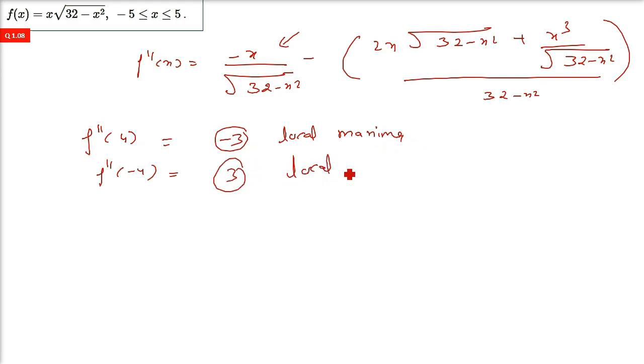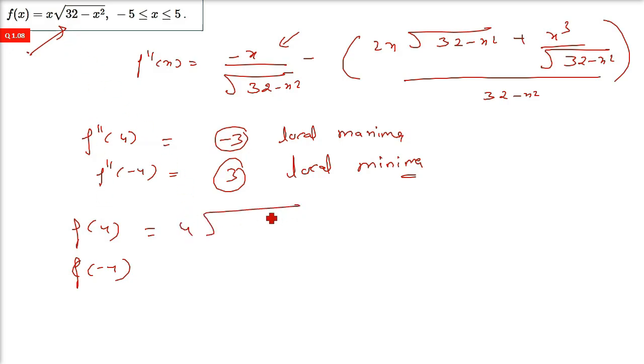Negative, maxima. Positive, minima. And when you get this, now you need to find the value of the function at this negative 3 and 3. f4. Not f double dash 4, not f dash 4, f4. This 4 and negative 4 has to go in the original equation.